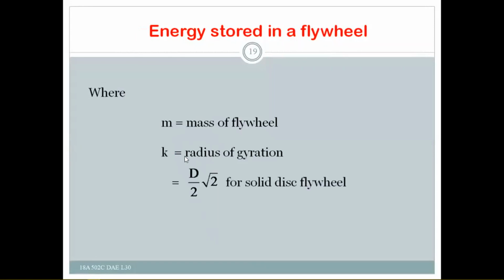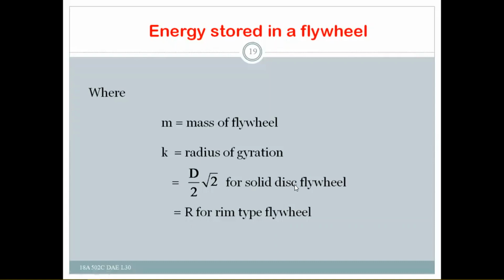The radius of gyration k is equal to d by 2 root 2 for a solid disk flywheel, whereas for a rimmed flywheel it is half of the diameter of the rim.